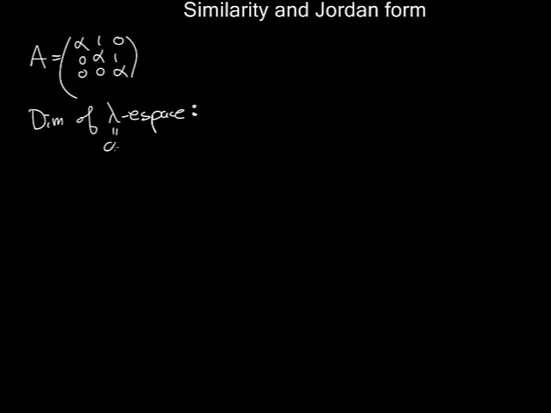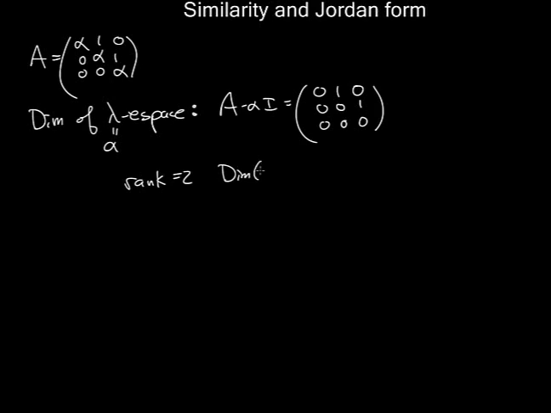And of course, it's not 3. Let's check what it is. If you subtract alpha from the diagonal, you get this. What's the dimension of the null space of this? Well, go back a few weeks. You know how to compute that. It's 3 minus the rank, and the rank is 2, and therefore the dimension of the alpha eigenspace is only 1. Okay. So this matrix certainly isn't diagonalizable.